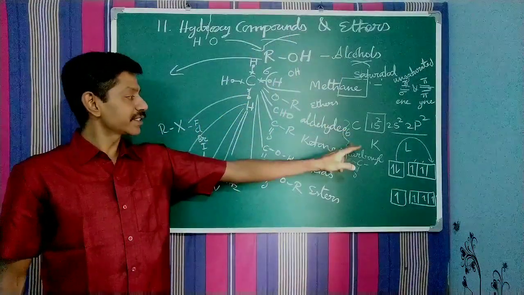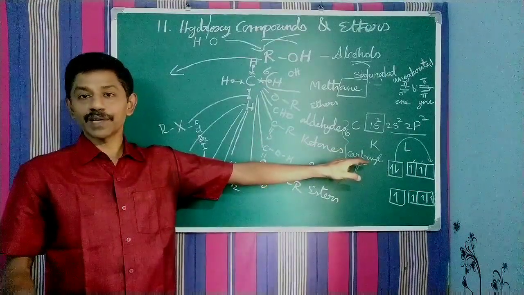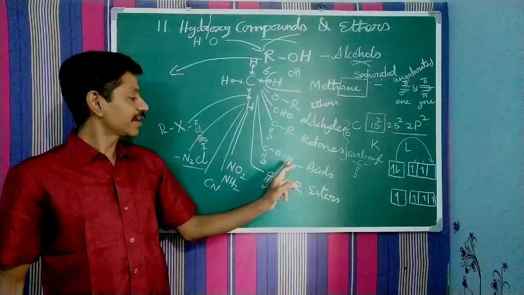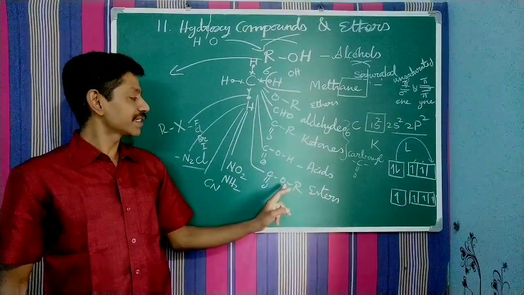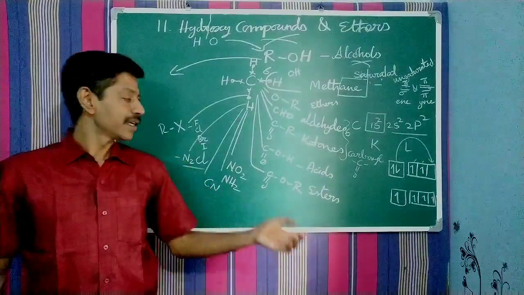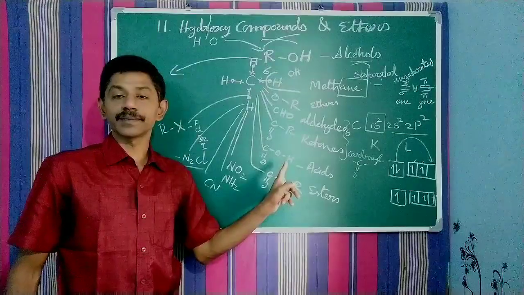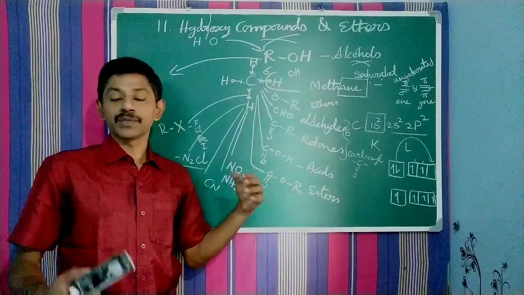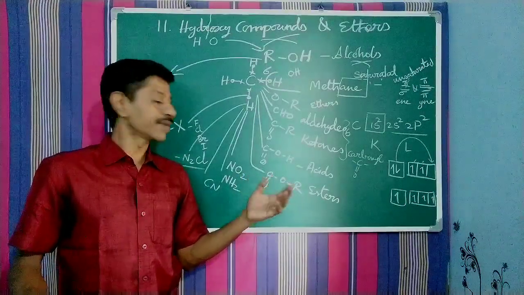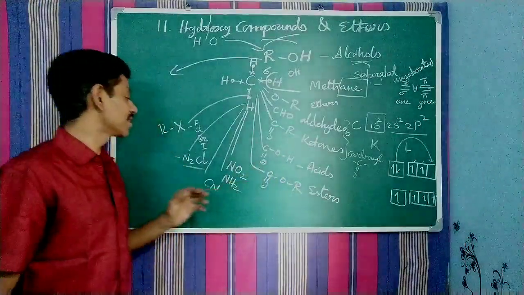The next topic we'll learn as carbonyl compounds, where we talk about aldehydes and ketones. And carboxylic acids and esters are put together, and they are very useful as smelling agents and preservatives. All that we'll be learning.